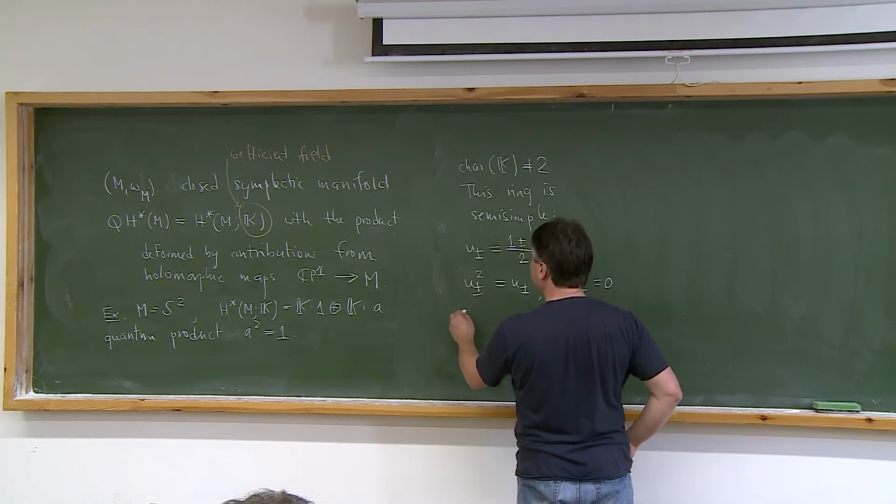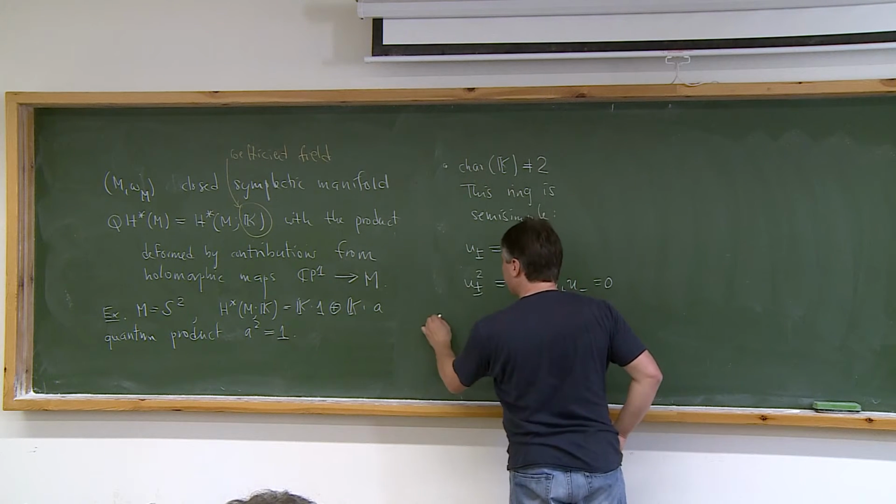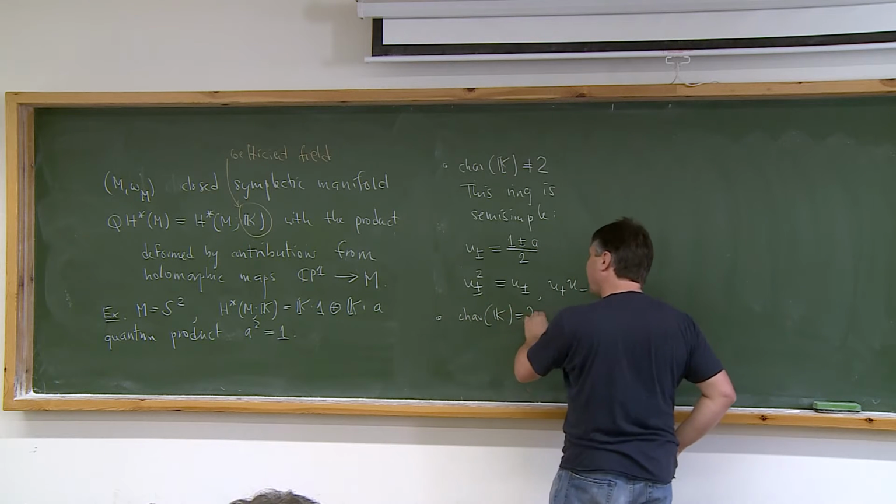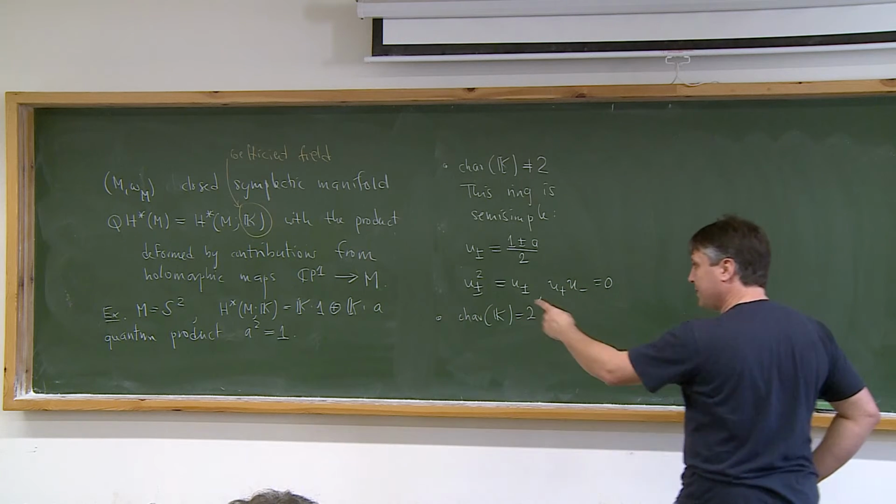On the other hand, if the characteristic of K is 2, then this is somewhat different.